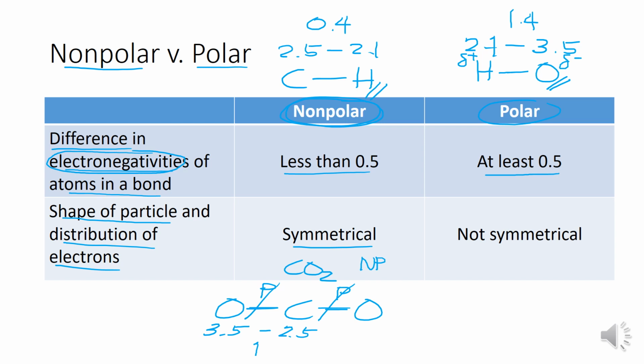Otherwise, if the shape of the particle and the distribution of electrons around the atoms are not symmetrical, then the particle is more likely polar. For example, let's consider water. The shape of water is as follows: you have oxygen above, and below that are the two hydrogen atoms. From the earlier example, the hydrogen-oxygen bond is a polar bond.